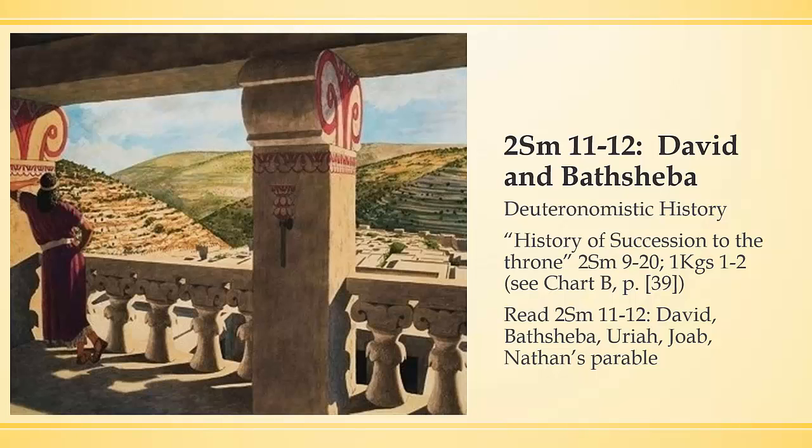He falls into sin in multiple ways, and we see the consequences of the sin. So open your Bibles to 2 Samuel chapter 11 and read out loud this chapter. And notice in the image on the left we see David in the balcony of his palace.